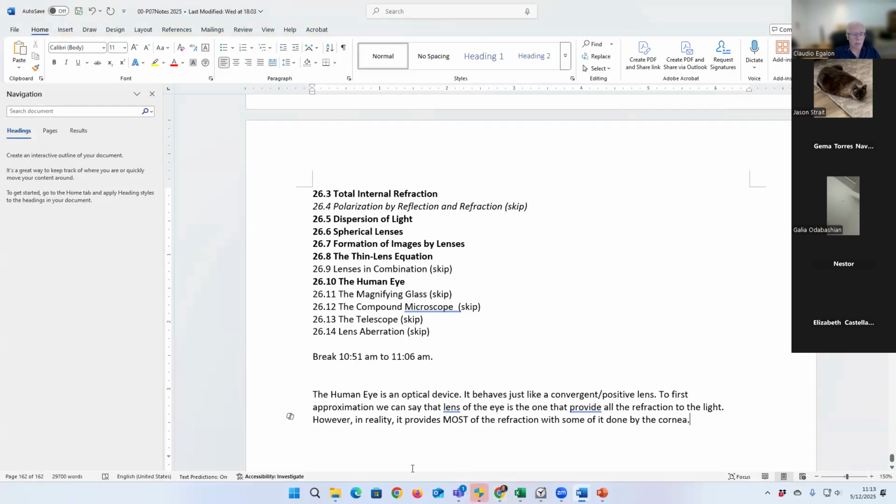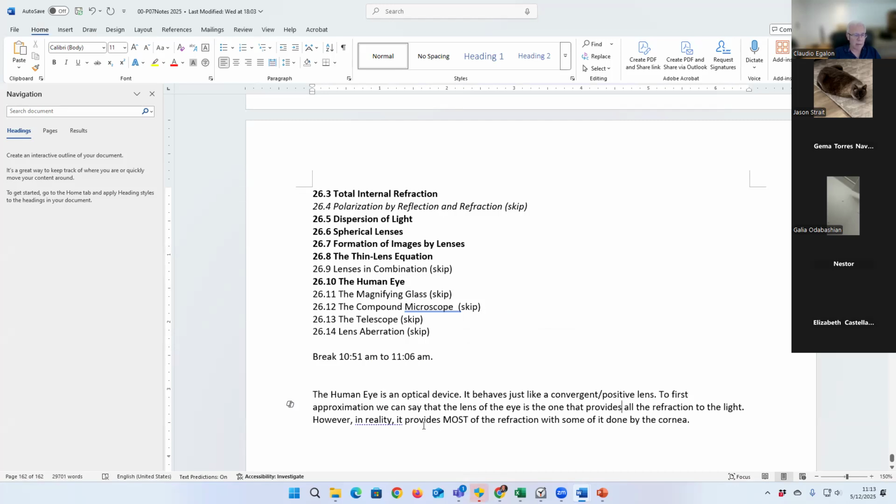The human eye is an optical device. It behaves just like a convergent positive lens. To first approximation, you can say that the lens of the eye is the one that provides all of the refraction to the light.